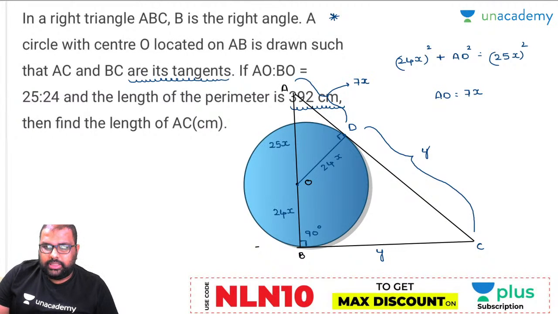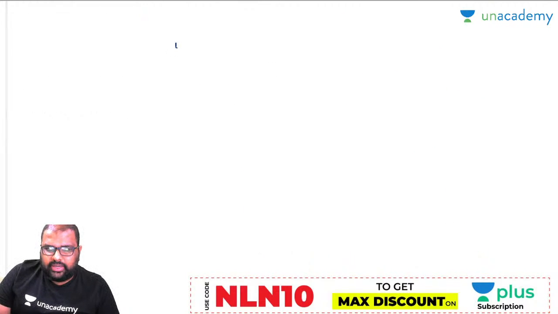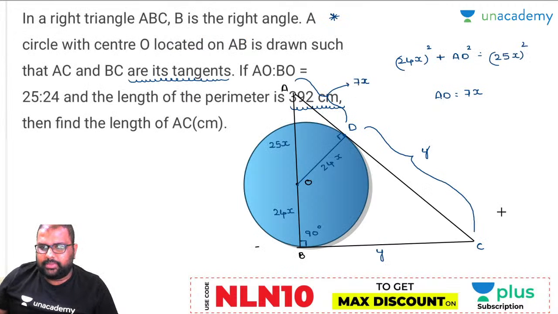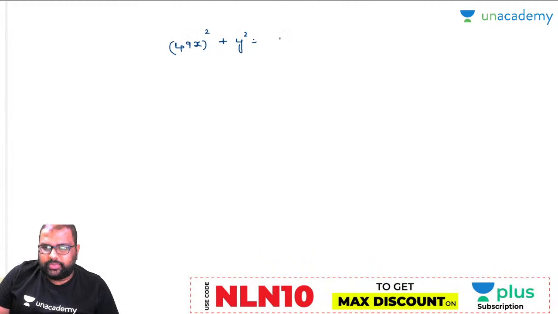Yes. So the right angle sides are 25 plus 24, which is nothing but 49x whole square, plus y square is equal to AC square. AC square is nothing but how much? y plus 7x whole square.